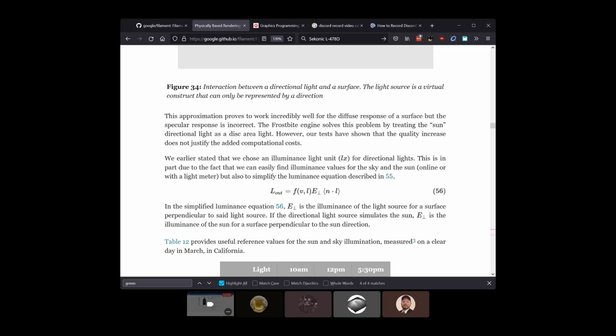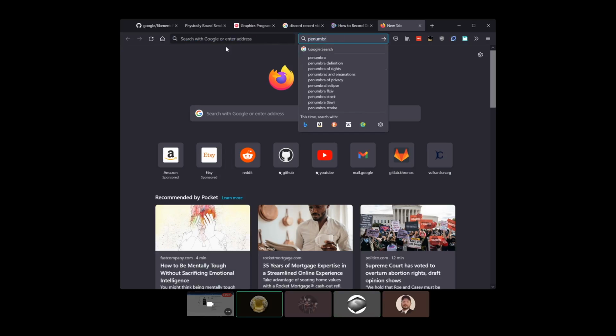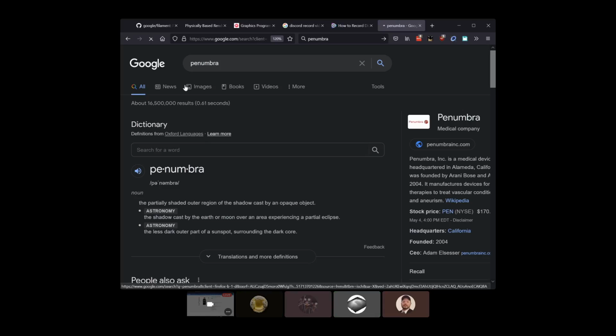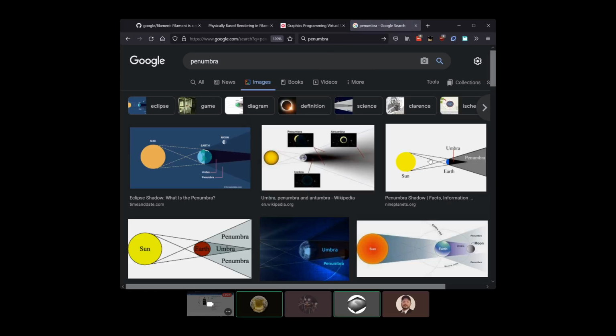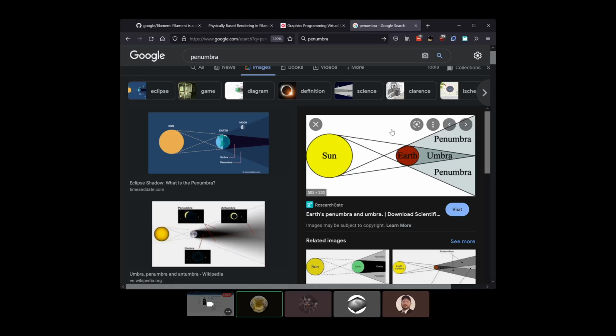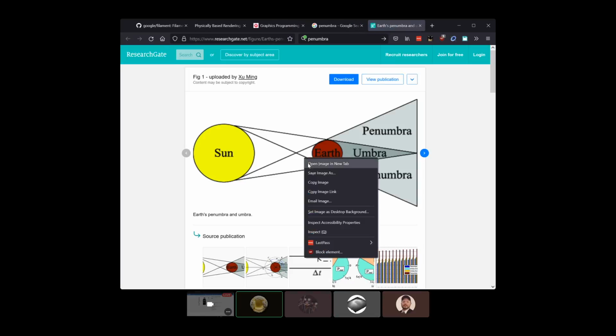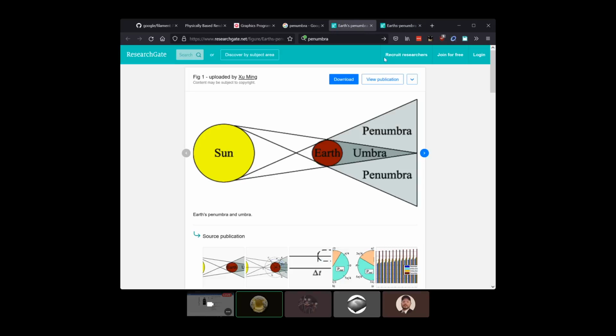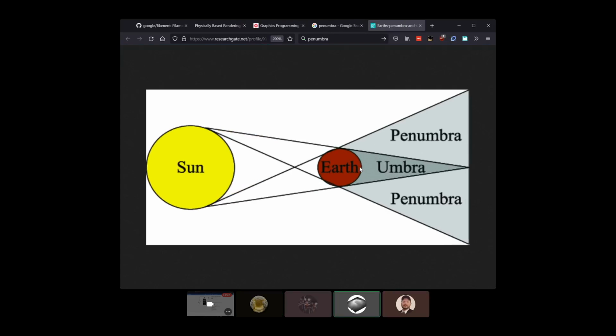The penumbra, yeah. If it's purely directional, that would just be a constant profile shadow. It wouldn't have the different areas. Yeah, it's just the fact that a single point on the surface is going to get lighting from multiple directions and not a single point from the center of the Earth. Okay, yeah, that makes sense.